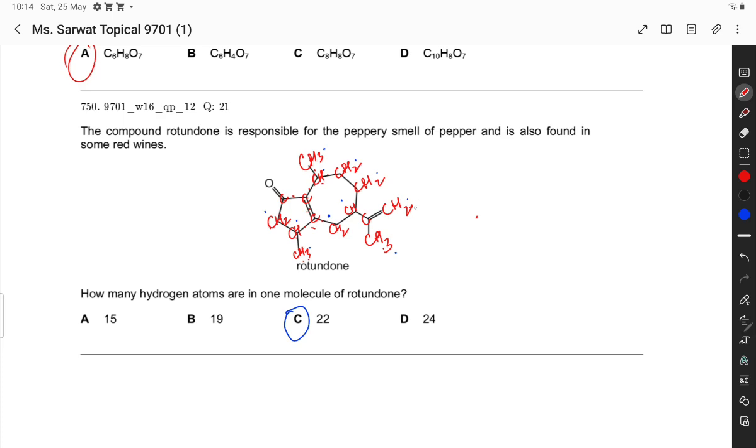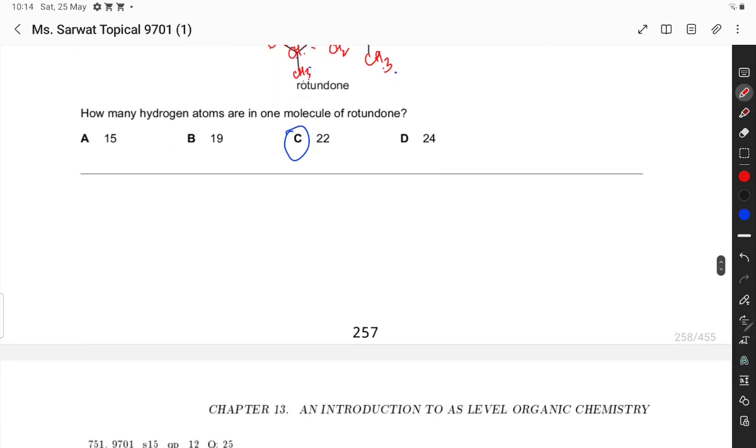So let us count the number of hydrogen atoms, and we get 22. So 22 hydrogen atoms are present in this compound.